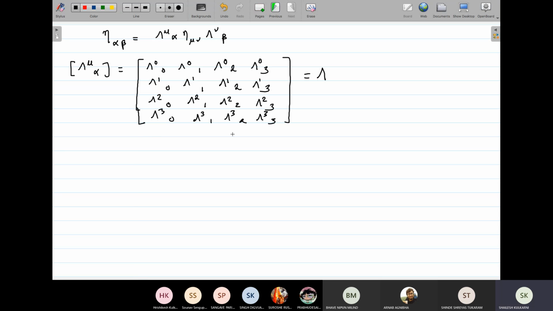If this is the definition of matrix lambda, then how should I write this relation in the matrix notation? If I denote the matrix for this as eta, then what should I write?